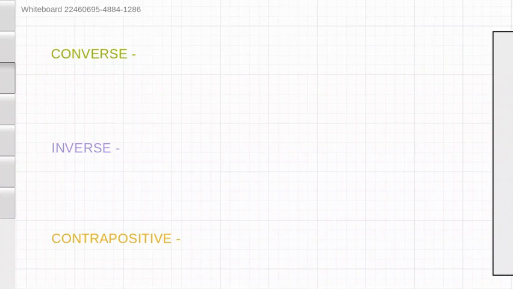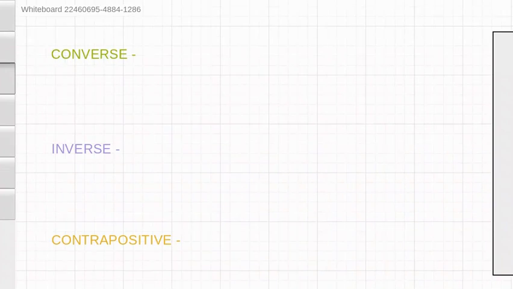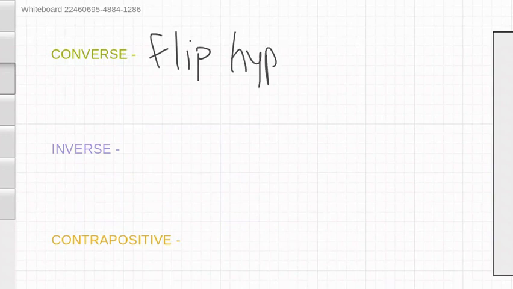Alright, in order to prove conditional statements are true, we'll sometimes need to use and analyze converse, inverse, and contrapositive statements. If a conditional statement is true, then the contrapositive is always true too. So for the converse, we want to flip the hypothesis and conclusion.